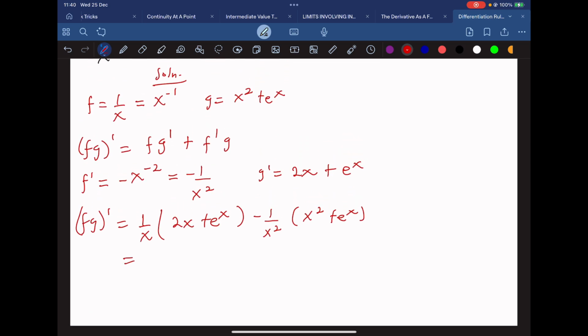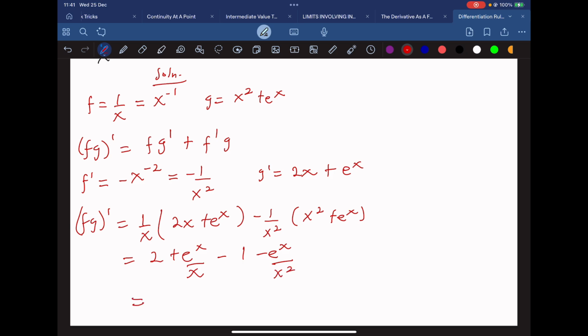So this simplifies to, if we distribute the 1 over x over here, we have 2x over x, which will just give 2, plus we have e to the x over x. And if we distribute the negative 1 over x squared, we have x squared over x squared, which is just minus 1. Then this is minus e to the x over x squared.